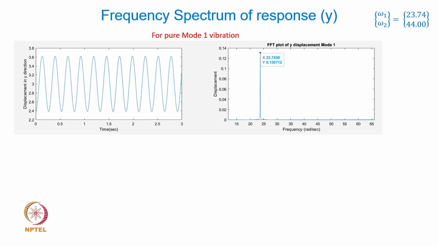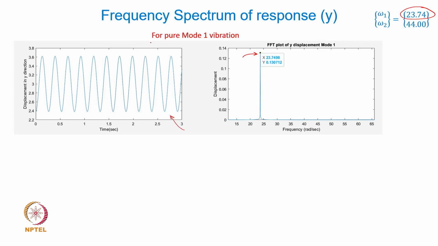Let us look at the frequency spectrum of this response. That basically means that if I take the Fourier series decomposition of this signal, because there is only one harmonic signal, I will get one frequency. If I take a Fourier spectrum of this time domain data, I get frequency domain data, which has to show a single frequency, which is being represented here, which exactly matches, as expected, the first or fundamental natural frequency of this particular spring mass system.